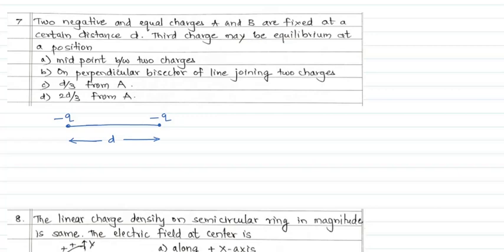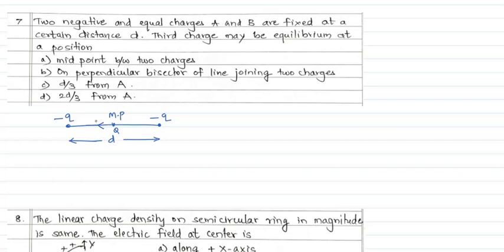If you see the options clearly, you can say that if you keep a charge at the midpoint of these two, the electric force between this charge and each of the two will be the same because the magnitudes are the same.